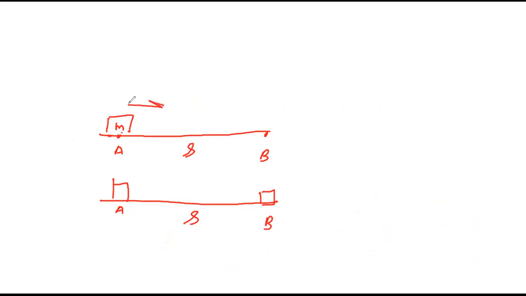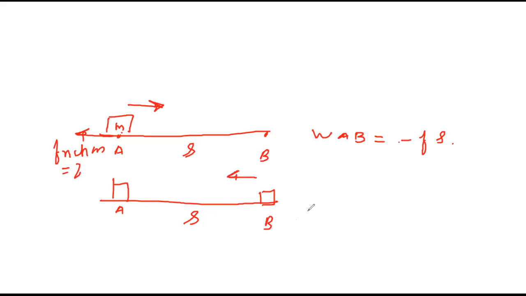If the body is moving from A to B, friction acts in the opposite direction. So work done going A to B due to friction will be minus force into displacement.